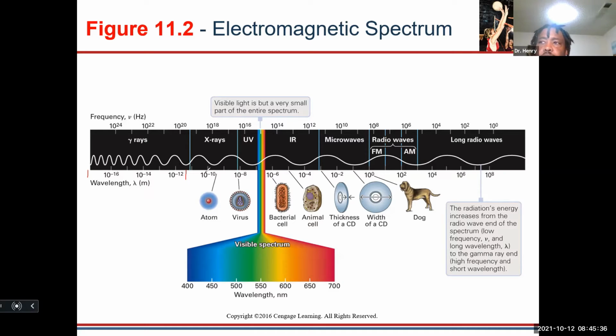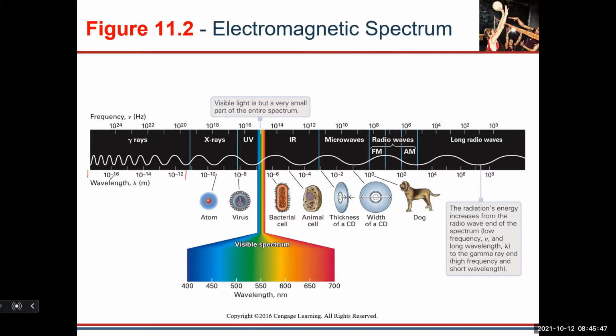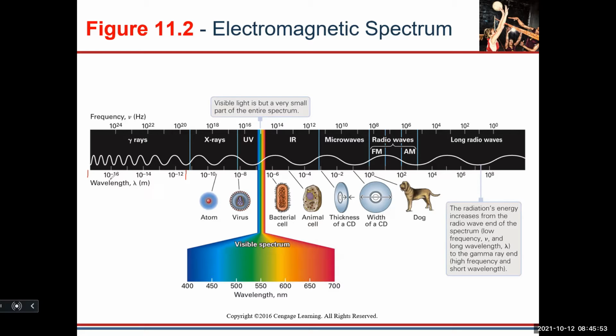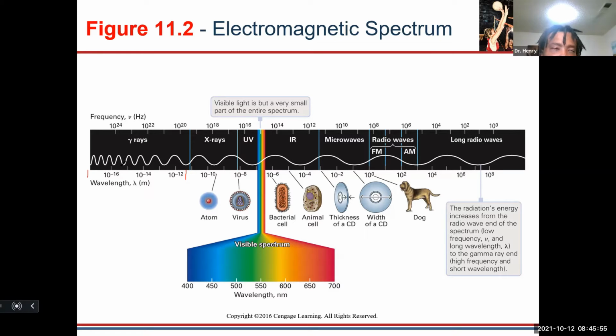As we move in this direction, I'm sorry, these are not X-rays, these are gamma rays. Have you heard of the Incredible Hulk? Do you know it was gamma rays that made him the Incredible Hulk? In reality, that wouldn't happen.